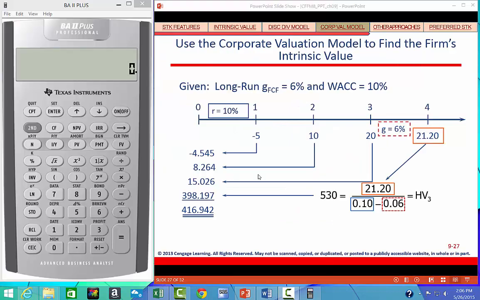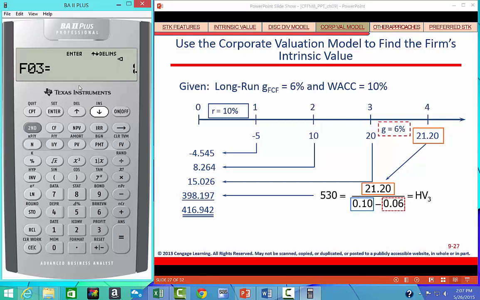Now, if we wanted to solve this in the calculator, we would go again to our cash flow register, second, clear work, make sure nothing else is in there. Go to cash flow 1 and hit 5 and negative, keeping in mind that's a negative cash flow. And then go down to cash flow 2, that's 10, and enter it. And go down to cash flow 3, 20, and enter it.